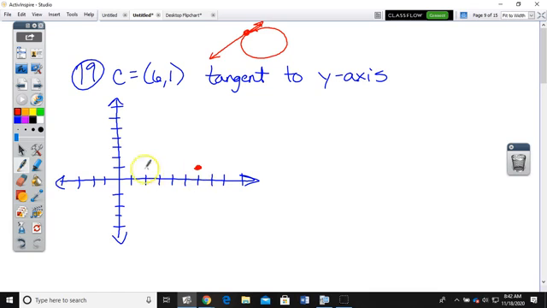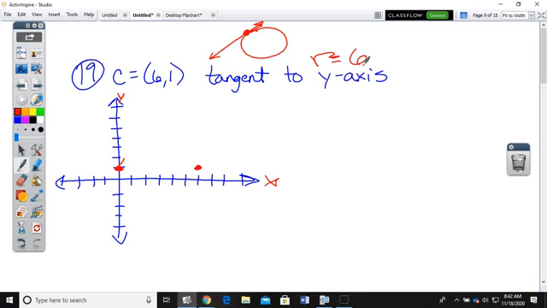Here's the y-axis, here's the x-axis. So what is my r? From here to there is my r. R is 6.